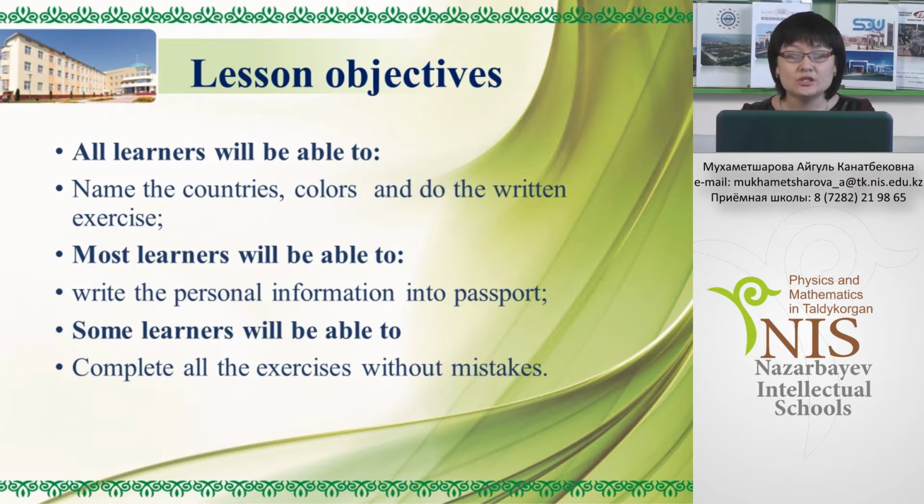The lesson objectives. All learners will be able to name the countries, colors, and do the written exercises. Most learners will be able to write the personal information into a passport. Some learners will be able to complete all exercises without mistakes, sometimes without teacher support.